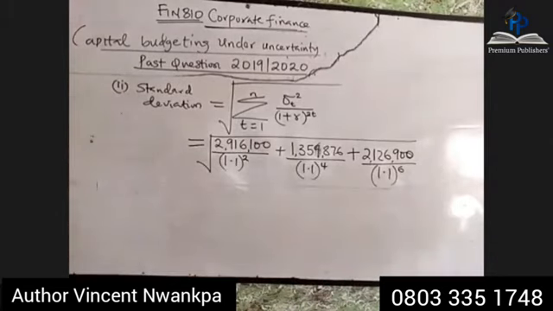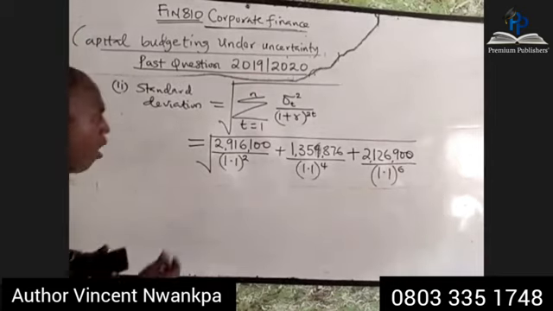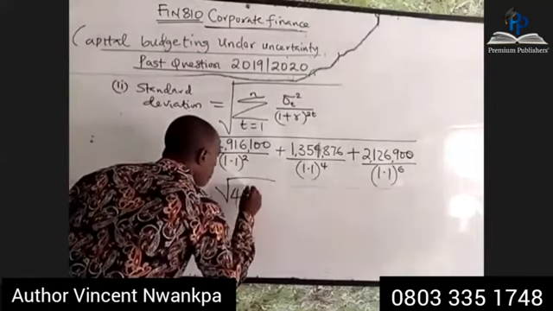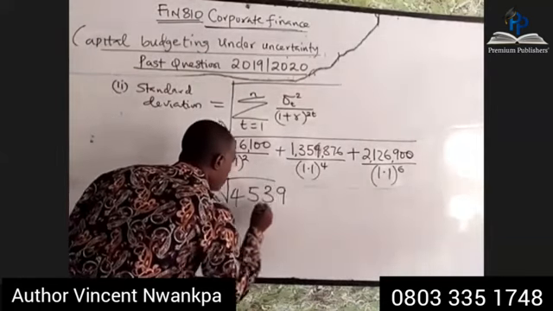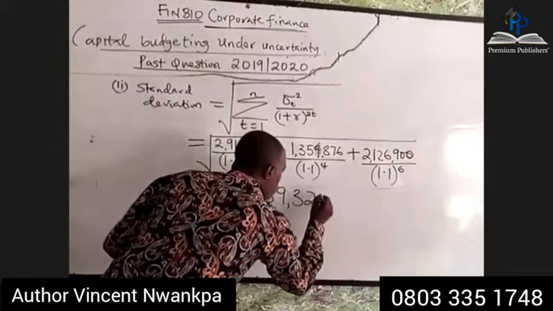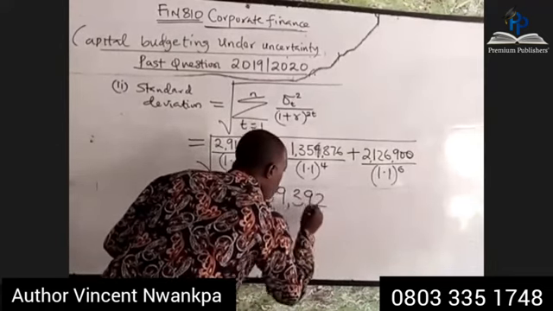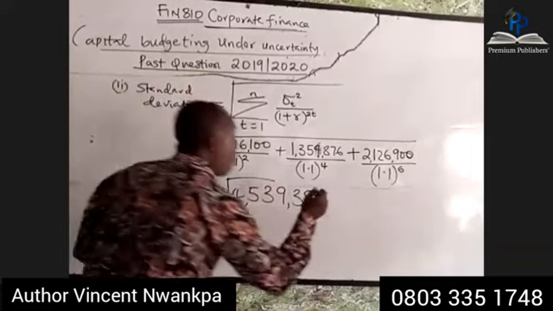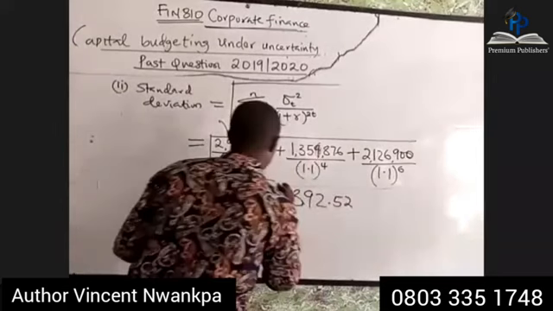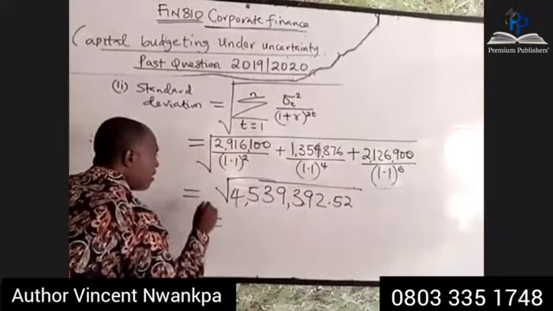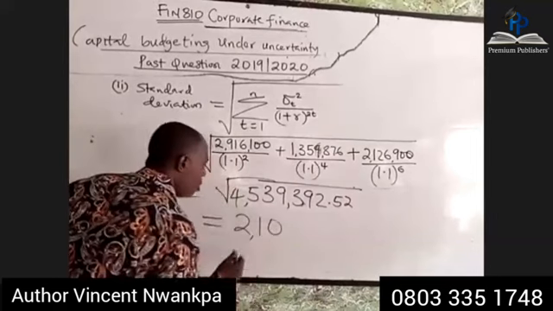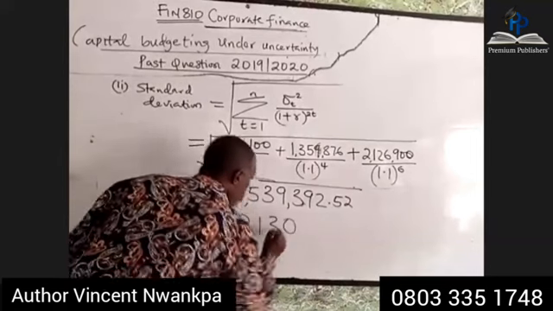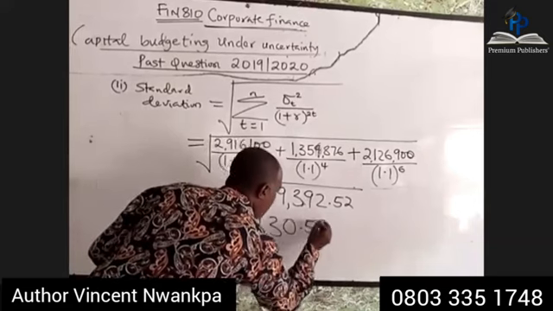You got 4 something, 4 million 539,392.45. So when we find the square root of this, we now have 2130.59.